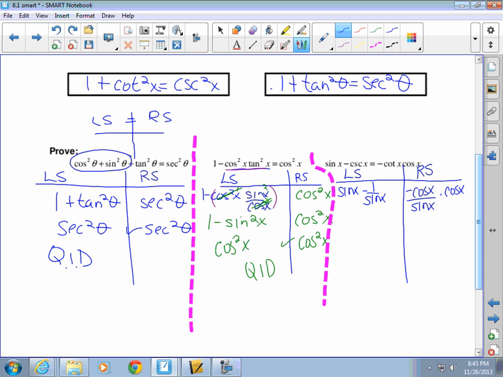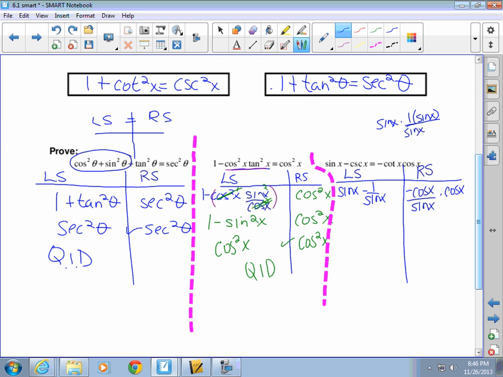So if I want this to have a common denominator over here, sine x and 1 minus sine x, that means I would have to take this sine x and multiply it by 1 over sine x. Okay, multiply the top and bottom. I said by 1, but it should be sine x over sine x.